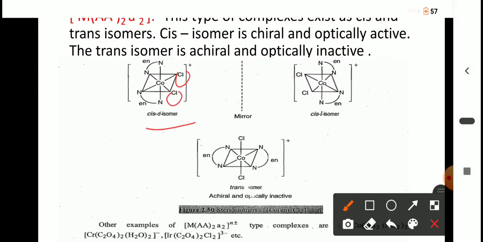It exists as optical isomers, or this complex is optically active. When we see the trans isomer, where chlorides are opposite to each other and two ethylenediamine groups are opposite to each other, because of the plane of symmetry, or achiral molecule, this is optically inactive.